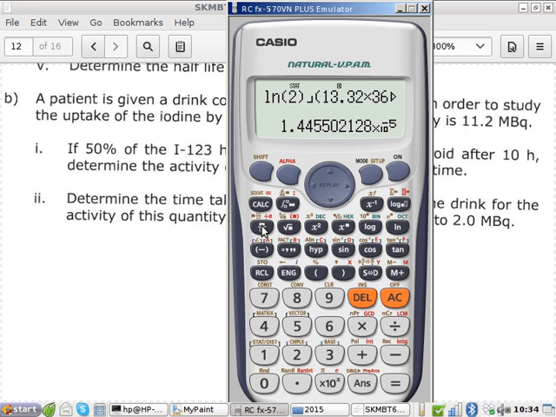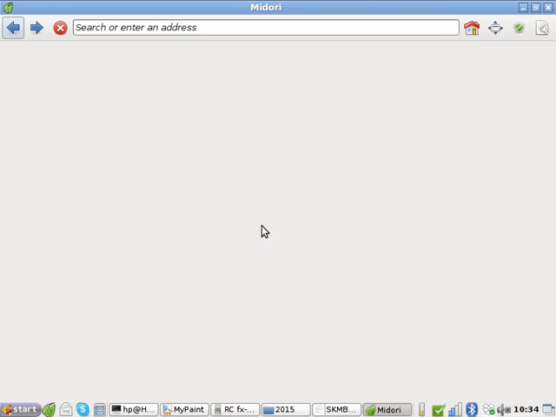Okay, if you need it, this is the decay constant on your screen. Well, no, you do need it, of course.